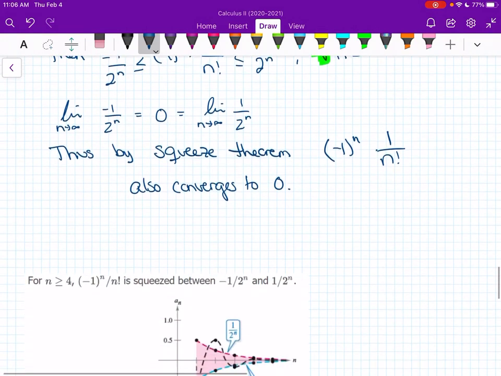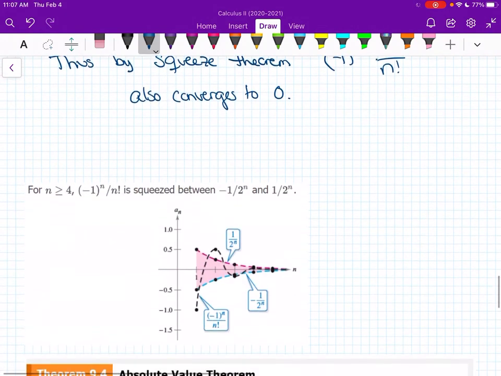Great. Okay. And here's a little visual for that. You can see that our function is the squiggly line in the middle, okay? And at first it's outside of the bounds, but eventually it calms down and starts oscillating between those two, right?